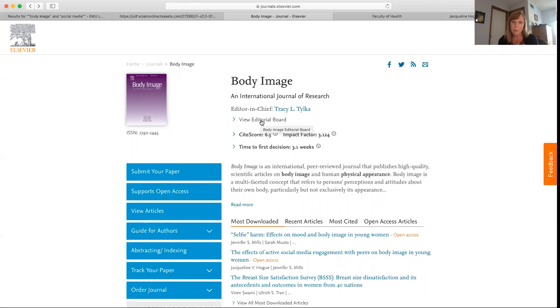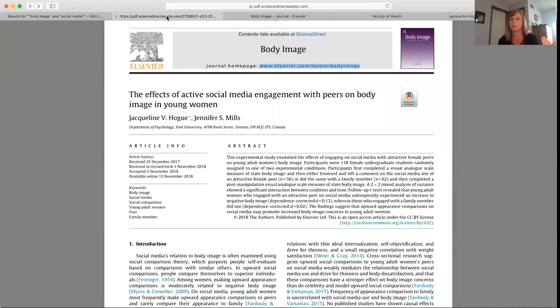And my guess would be that they are probably other experts in this field, right? They're other experts that study issues related to body image. So not only is this article written by an expert, but it's been reviewed by other experts to make sure that it's good, new, original research.